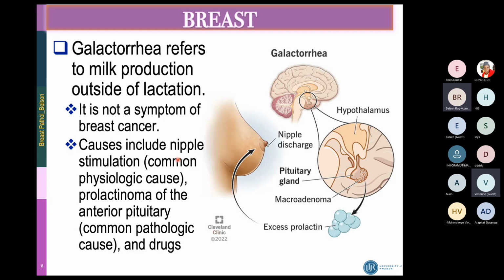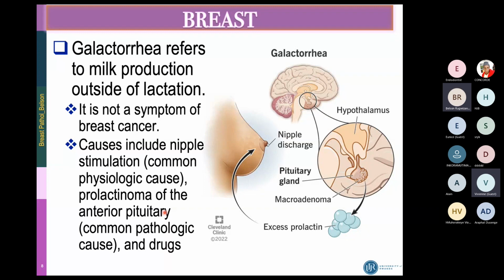So the causes include nipple stimulation, which is the common physiological cause. For example, stimulation by the baby or anything else, or there is a problem with prolactin, which is a hormone made also by the pituitary gland.